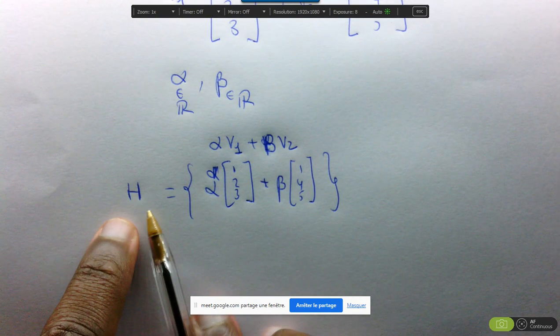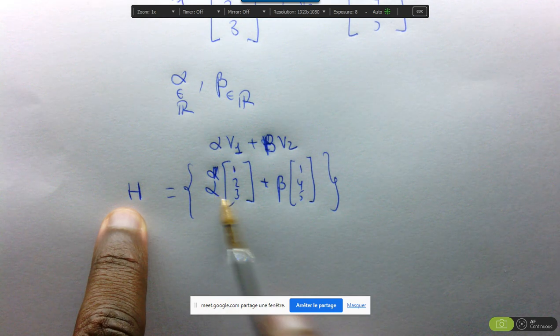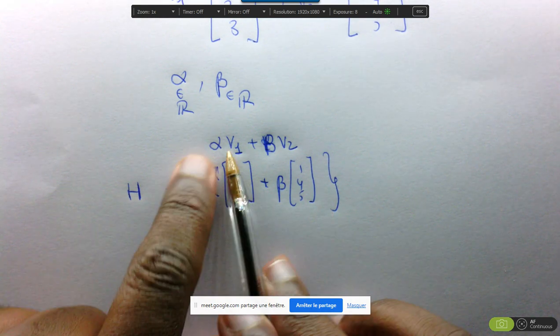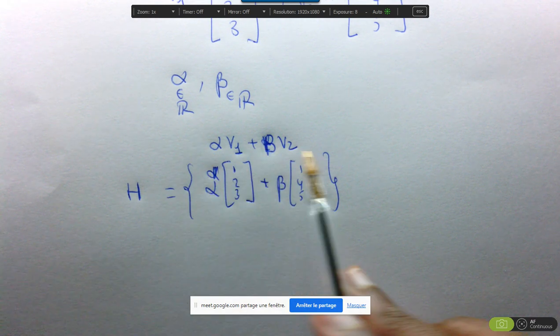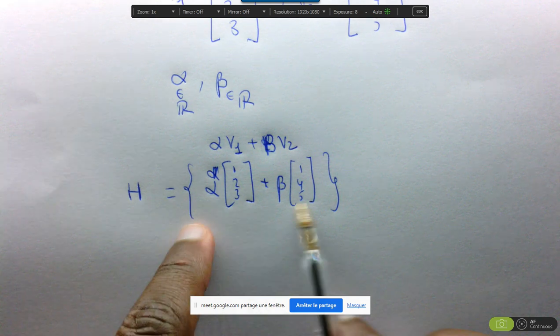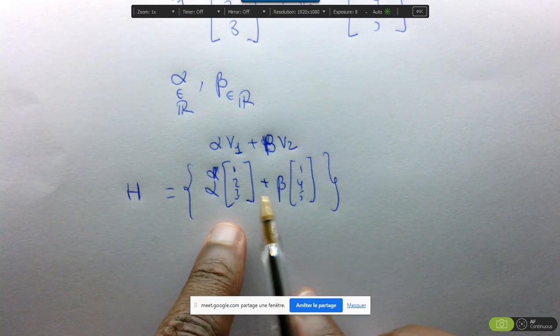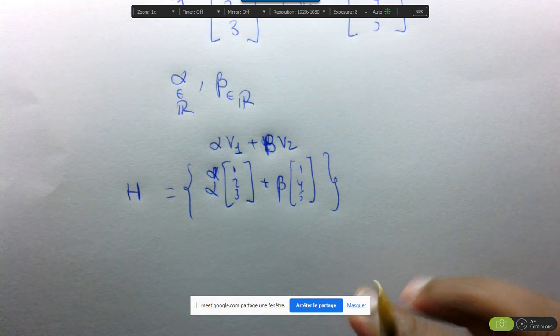Here this set represents all of the possible linear combinations. When we multiply a scalar by a vector like this and add them together, we call it a linear combination. The set of all of the linear combinations of two or more vectors is what we call the span.